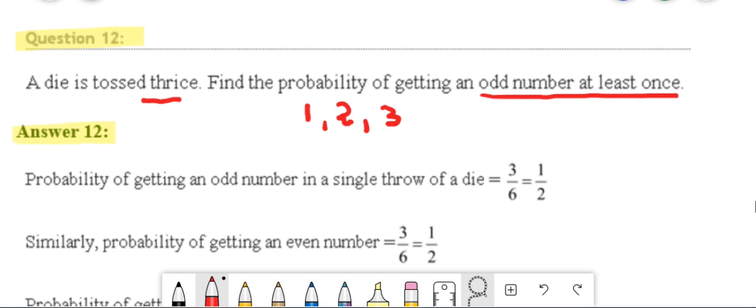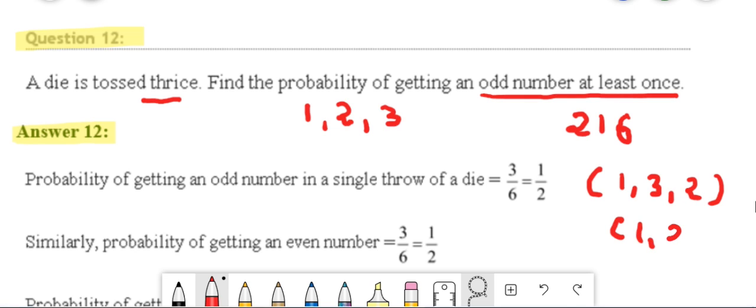Now, when you throw a die 3 times, remember there will be 216 outcomes. And now I want to find out the probability of getting an odd number at least once. Means which type of element you have to consider? That is say 1, 3, 2. This is 1, maybe possible 1, 2, 2. This you have to consider.